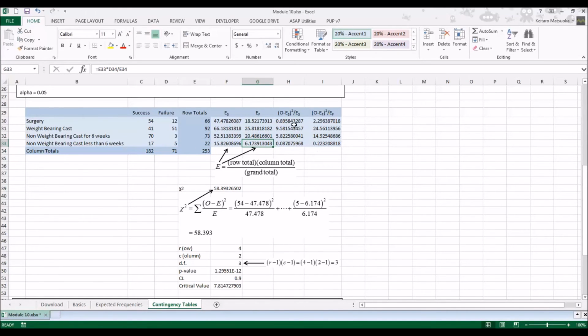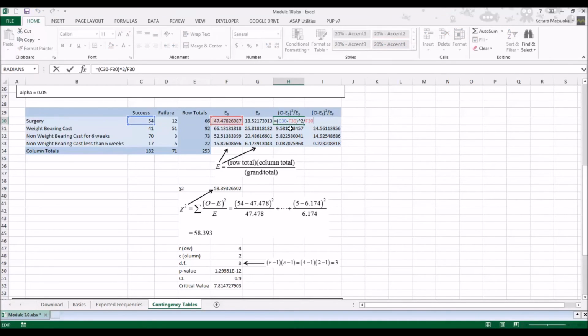And then when you get to here, again, you follow the formula. Take the difference between O and E, square it, and then divide it by E. So for this column, this is the column for success. So what I'm going to do is O minus E, which will be 54 minus 47.47 here, square it, and then divide it by, again, this number right here.